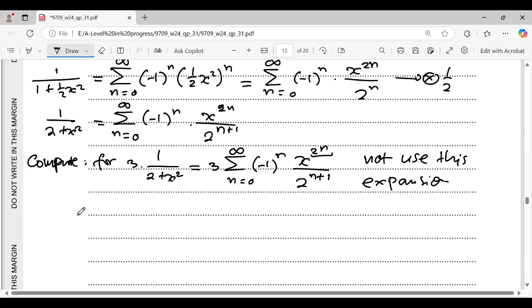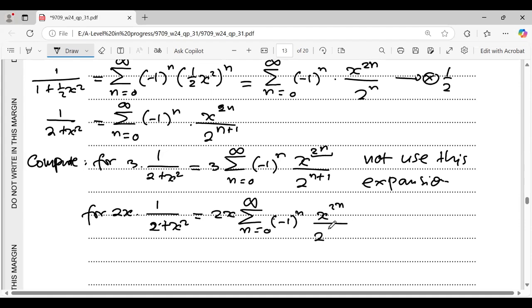And for 2x 1 over 2 plus x squared, it is 2x sum from n equals 0 to infinity of minus 1 to the power n, x to the n over 2 to the power n plus 1.